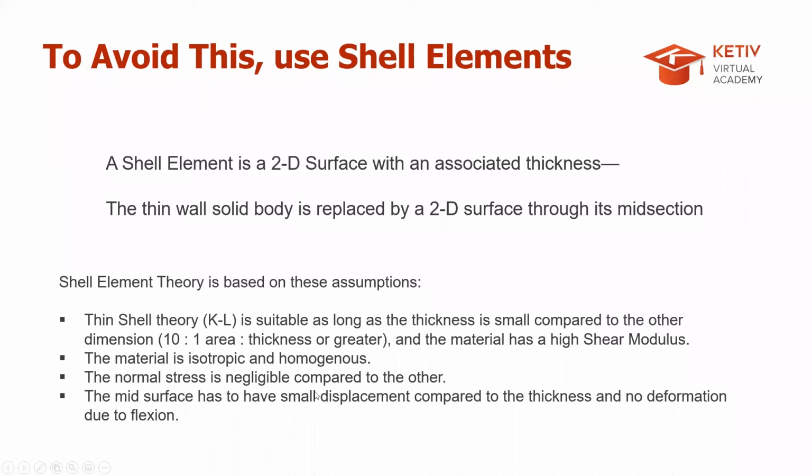The normal stress is negligible compared to the other stresses. And the mid-surface has to have a small displacement compared to the thickness and no deformation due to flexion. So for thin gaskets, this can definitely apply. And for a lot of times when you have really thin surfaces, these assumptions apply. And when they do, you can use a shell element.